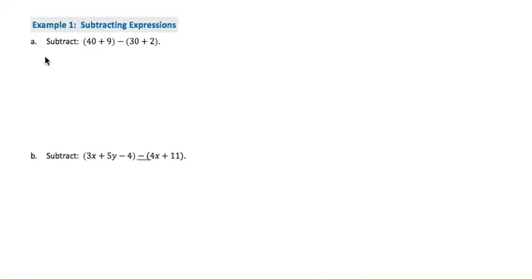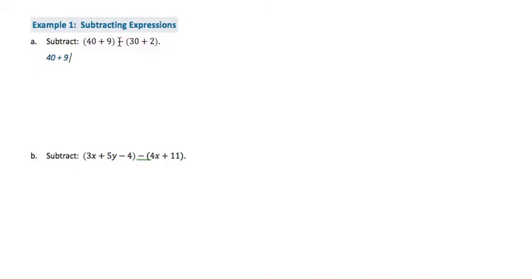Next, we're going to look at a numerical expression and show two different ways that the opposite of a sum is the sum of its opposites. So we're going to do this: 40 plus 9.